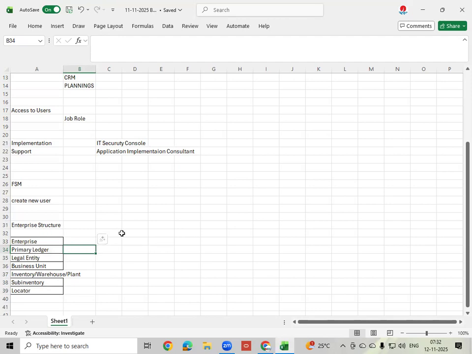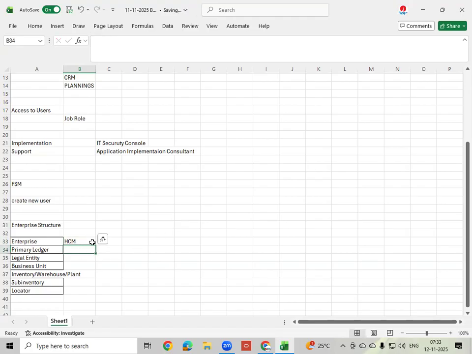In general, for enterprise and so on, I cannot say a particular person will define it, but the team may decide one person creates it completely. Here some HCM, HR related details are selected at enterprise, so we may request the HCM consultant to complete this enterprise structure.